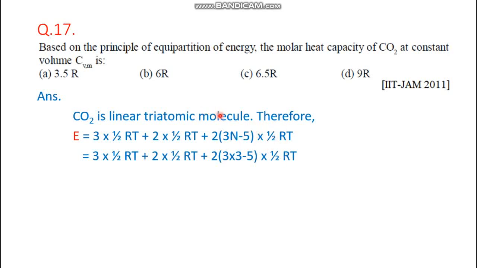Now, being a triatomic molecule, the value of N is 3, so it is 3 into 3 minus 5, so it is 9 minus 5, which means 4. 4 into 2 is 8, plus 5 is 13, so it is 13 by 2 RT, that is 6.5 RT.